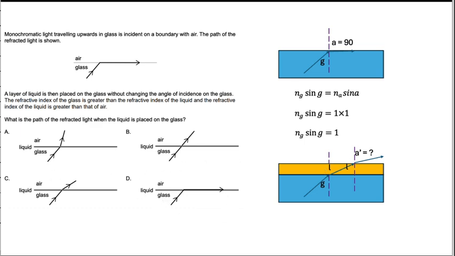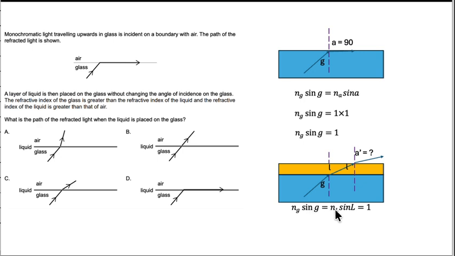Now we're going to use some maths to try and prove one of the answers. We're going to start off by saying, well, nG sine G is going to be equal to nL sine L. What I'm doing here is I'm just looking at this bit of refraction here. nG sine G is equal to nL sine L, because that's Snell's law.